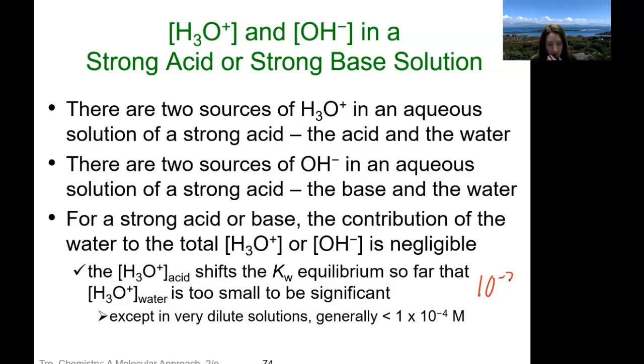The exception is if you have a super, super dilute amount, and we're talking dilute like 10 to the negative 4th molar, because you can see this is kind of close, right? If you have a really dilute strong acid or strong base, then you might need to take a look at the Kw from water because it could contribute. But for the most part, if you have a strong acid or a strong base, you don't have to worry about it.